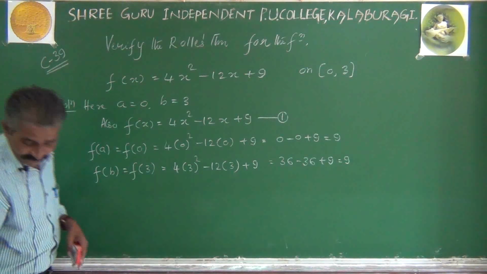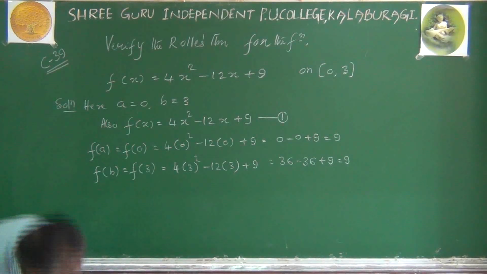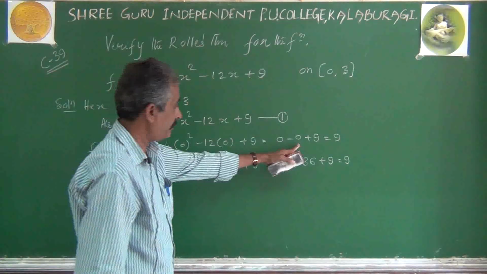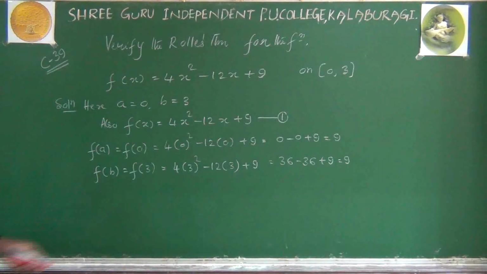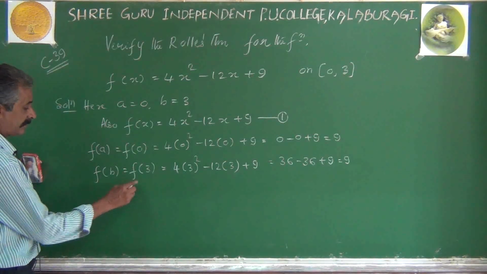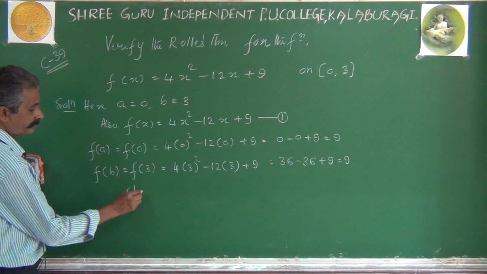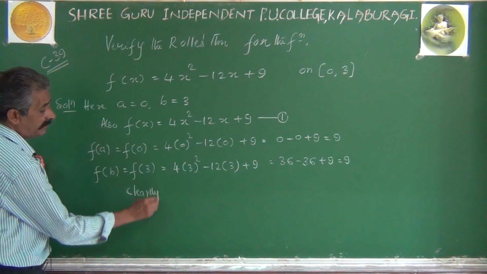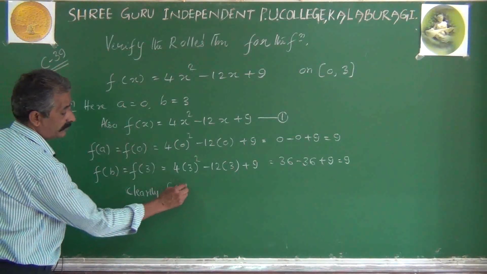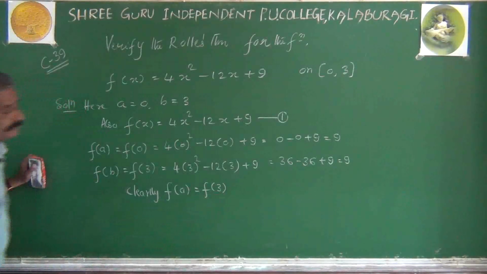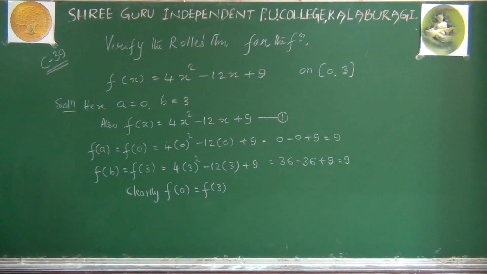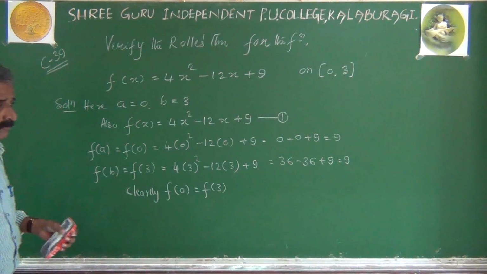What we can observe is that f of 0 is 9, f of 3 is also 9. So very clearly f of 0 equals f of 3 holds, nothing but f of a equals f of b holds good.